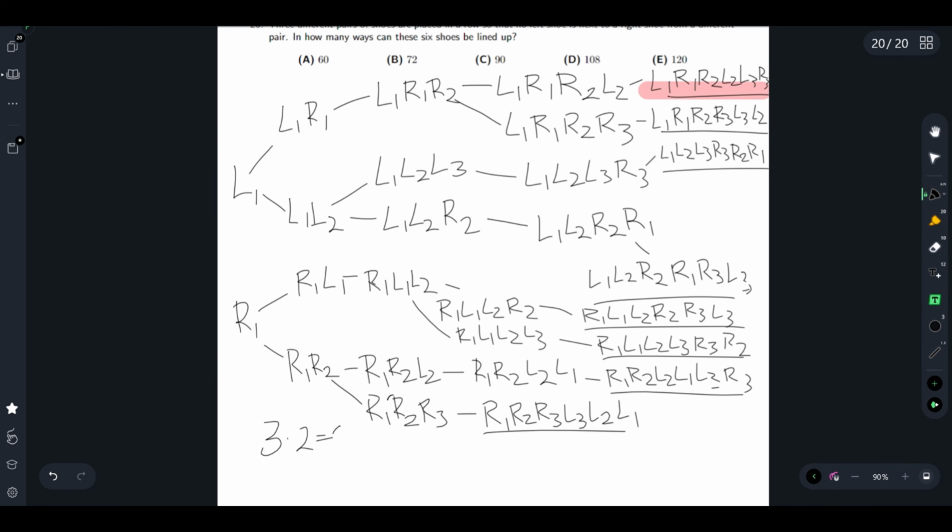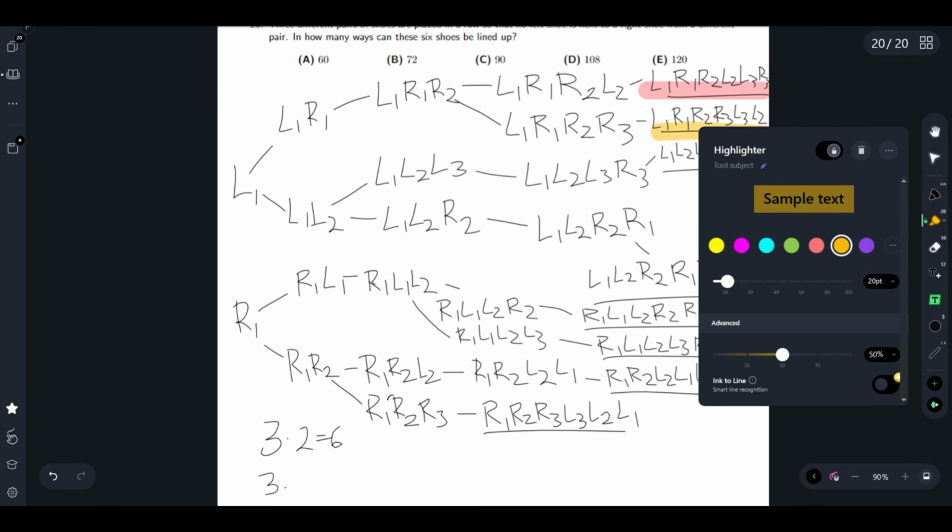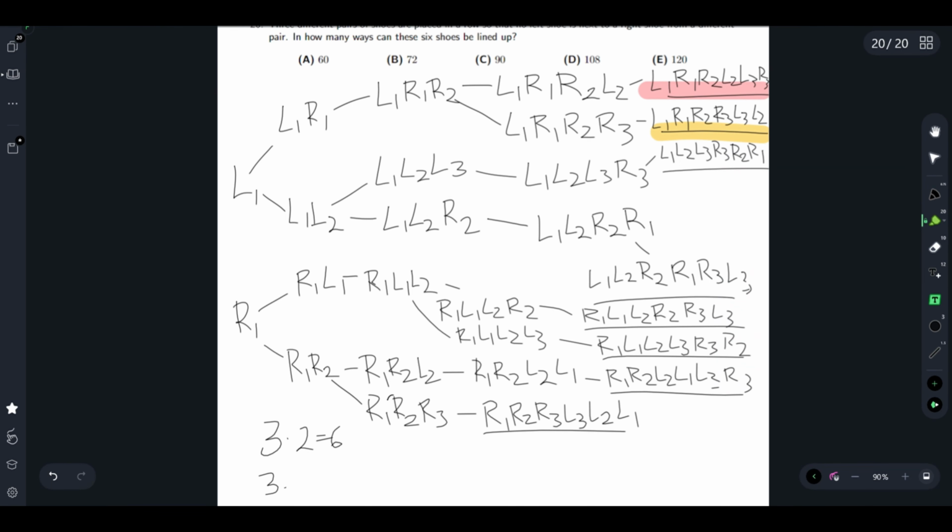So we multiply by 2, 6. The next one. Obviously, we have 3 first. We can pick any number first. And same with this. We can do R3 and then R2. So here, I'll show you. So we can do R2, R3, or R3, R2. So that's also 2 cases.